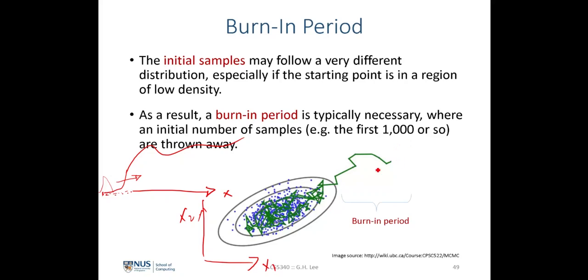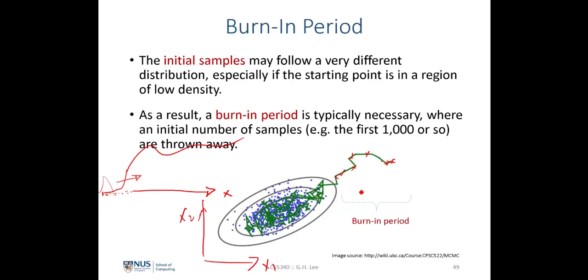And as a result of random selection of the first sample, we might select a sample that is very far away from the probability distribution, and it will take some time for the proposal distribution to move to the target distribution with high probability value, and consequently the first few samples that we sample over here are not going to be important, are not going to tell us the true distribution of the target distribution.